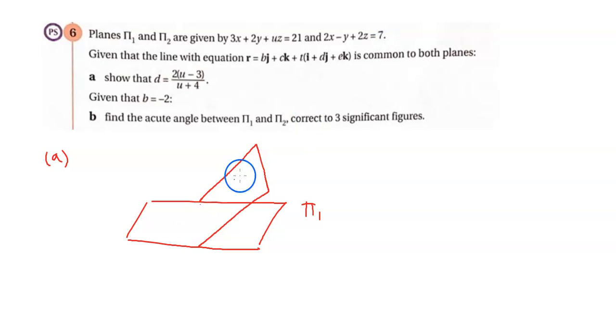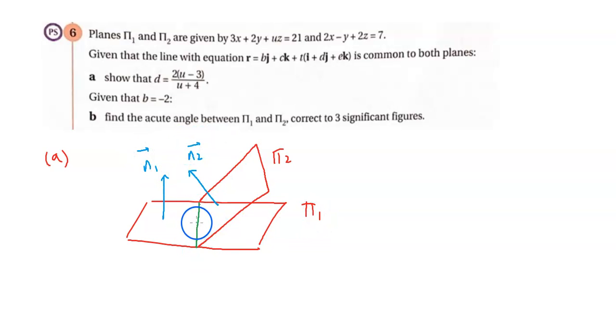Now let's label the line of interception L. Then something to observe is that L is going to be orthogonal to both normal vectors of the plane. So if this plane here is pi2, then we call this vector n2, a normal vector of pi2. Then let n1 be a normal vector of pi1.